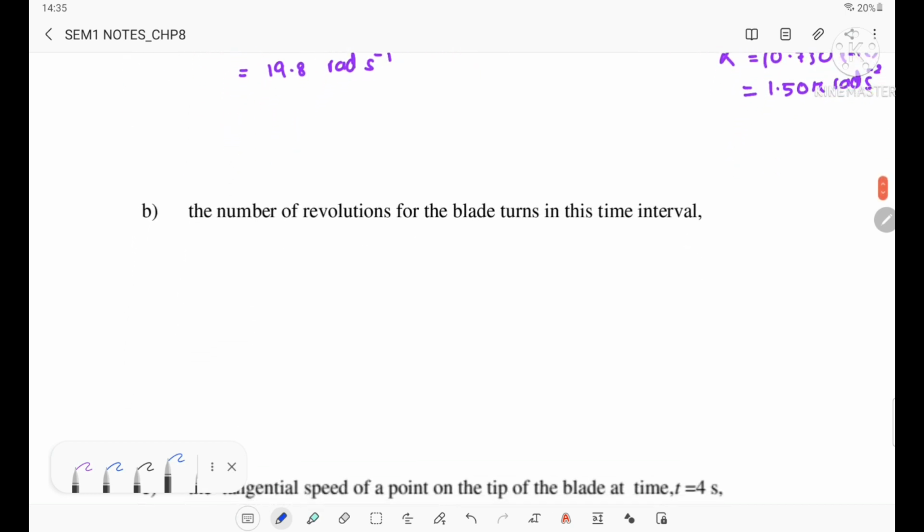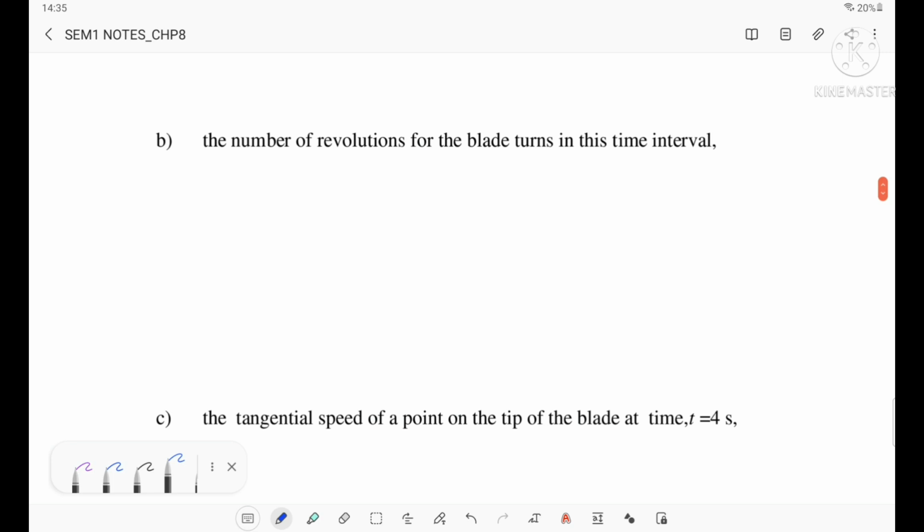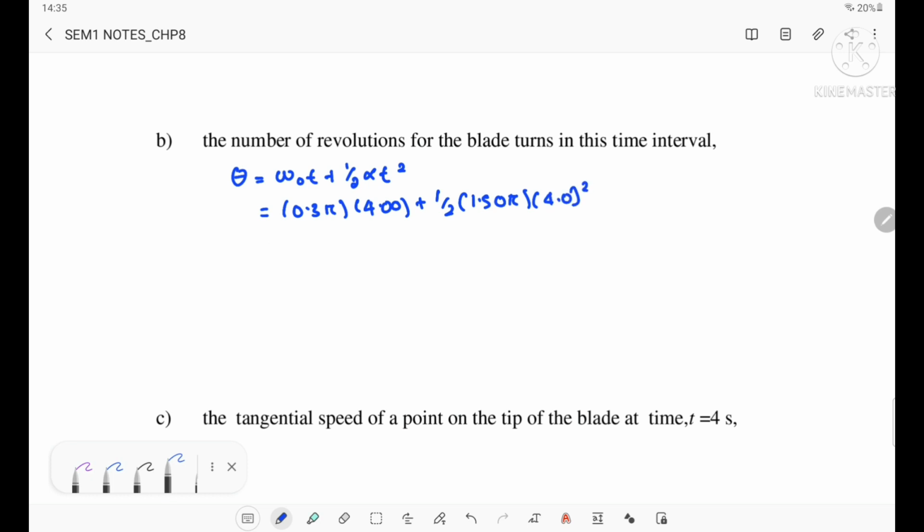B. The number of revolutions the blade turns in this time interval. So we apply the equation theta equals omega naught t plus half alpha t squared, and then we substitute the value of omega naught 0.3 pi, t is 4 seconds, plus half alpha, which is 1.5 pi, times t squared, 4 squared, and then we get theta equal to 41.5 radian.